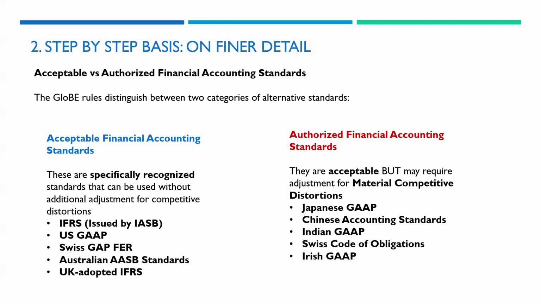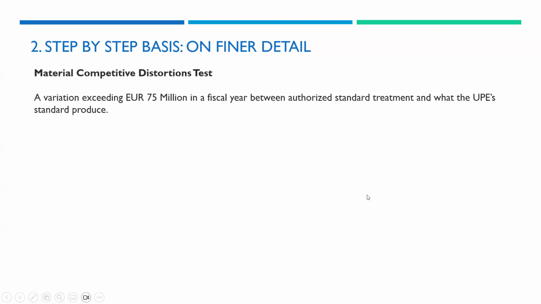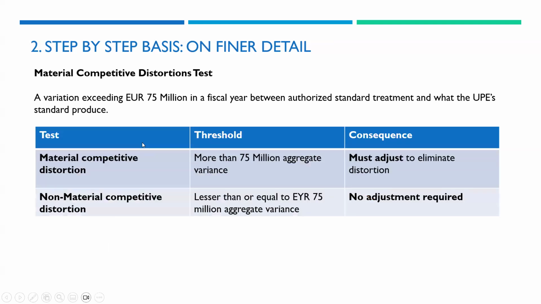You have to check for something called material competitive distortions, or MCD. Now, what is this MCD? A variation exceeding EUR 75 million in a fiscal year between the authorized standard treatment and the UP standard treatment.